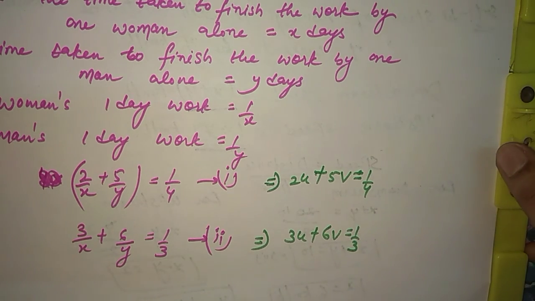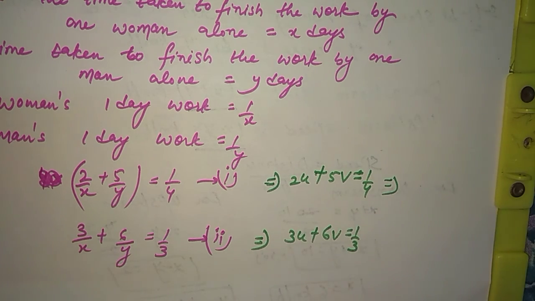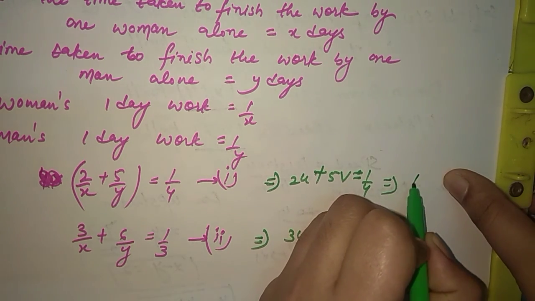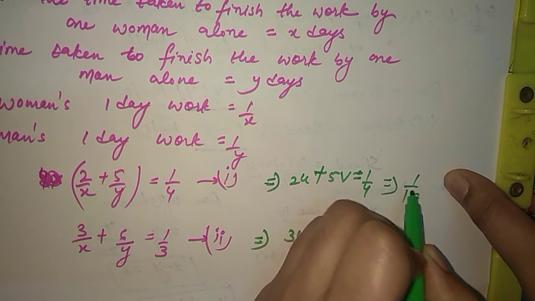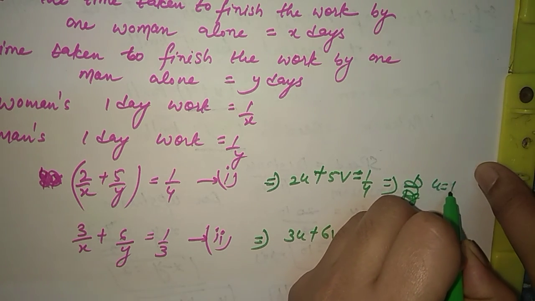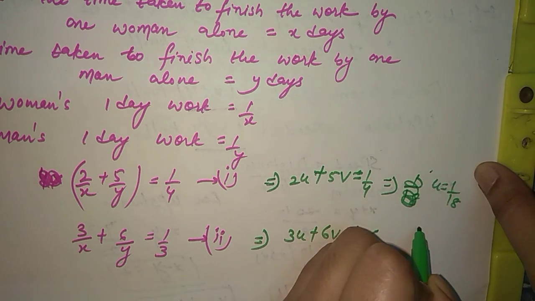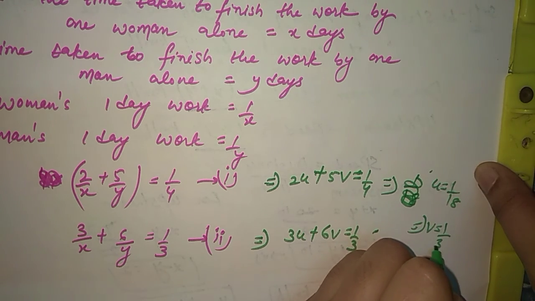So on solving by any of the methods that you want, we have U is equals to 1 by 18 and V as 1 by 36.